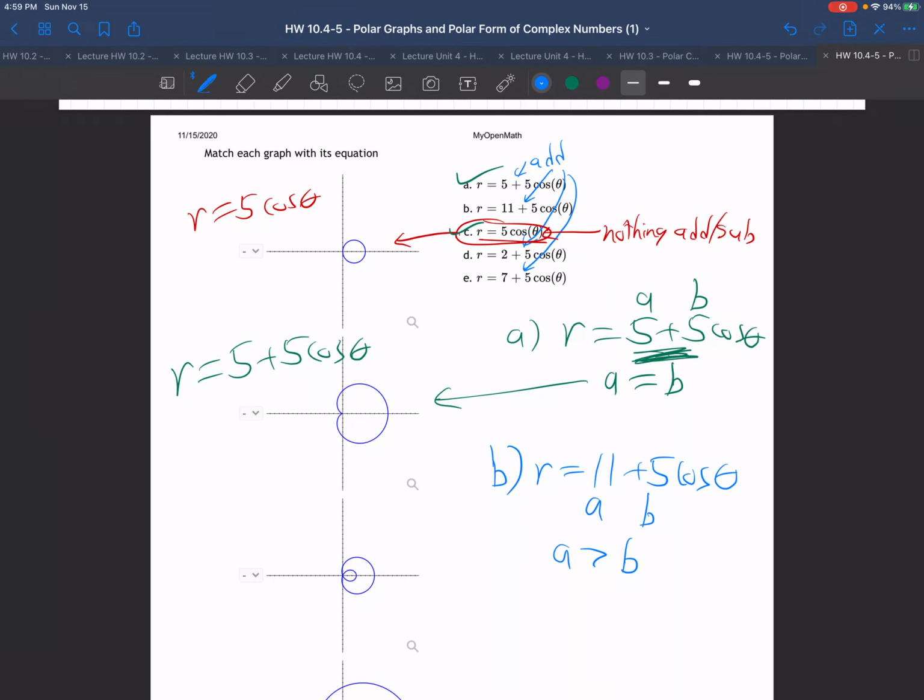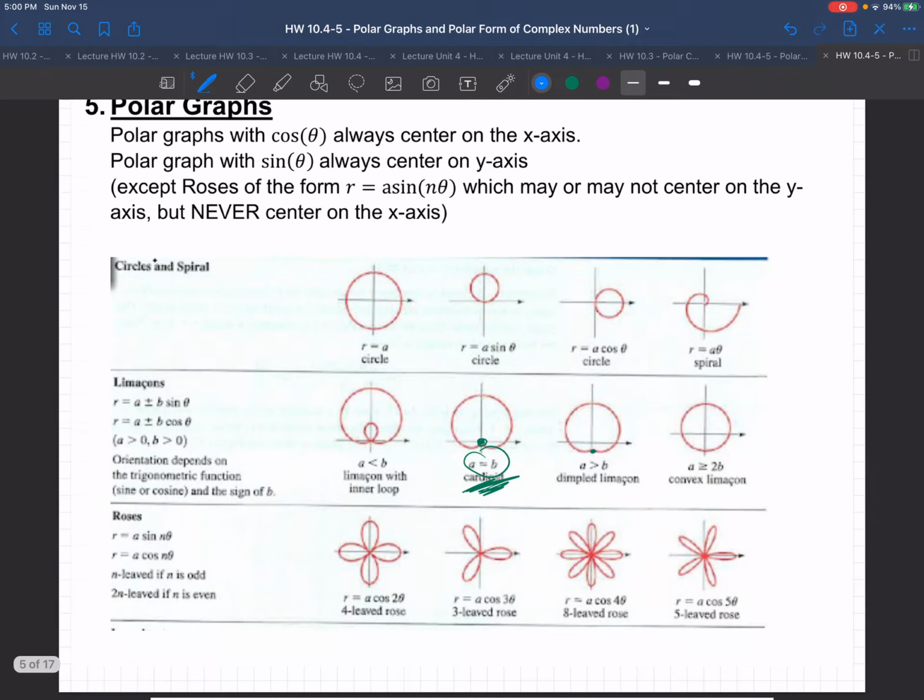If A is greater than B, what does that mean? Oh, well, there's two of them. It's either this one or this one. This one has a dimple, but it doesn't hit the origin. This one has no dimple. So it depends how much bigger A is than B. This one here says if A is greater than or equal to double B, then it won't even have a dimple.